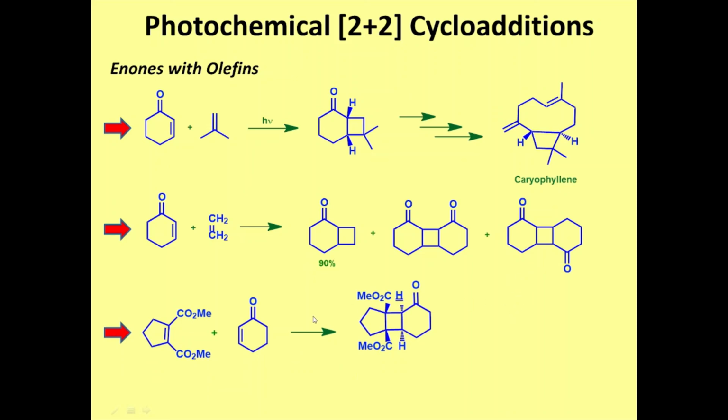In another example, one cyclic olefin with carboxy ester groups reacts with the alpha beta unsaturated ketone as another pi system, and these enones, while reacting with substituted olefins, end up with a fused ring structure, a 5,4,6 fusion, giving us important tricyclic compounds.